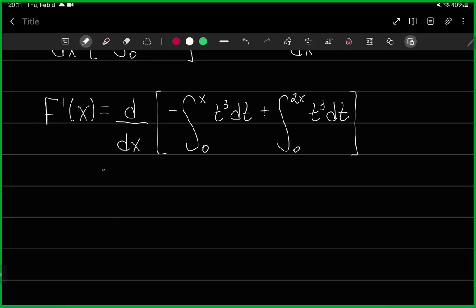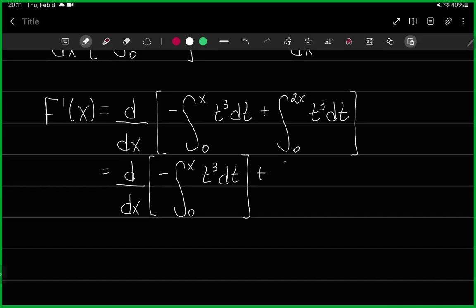But we know we can separate this. So this is equal to d dx of the integral from 0 to x of t cubed dt, plus d dx of the integral from 0 to 2x of t cubed dt.